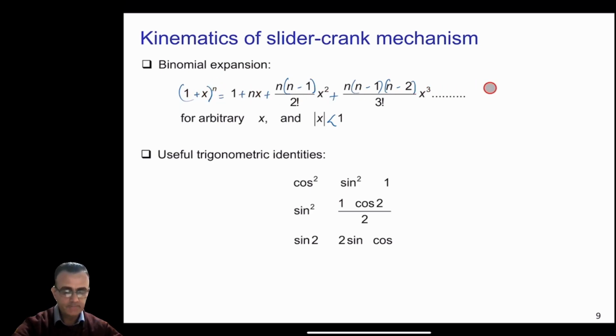And we also have some other trigonometric identities which you will be familiar with.